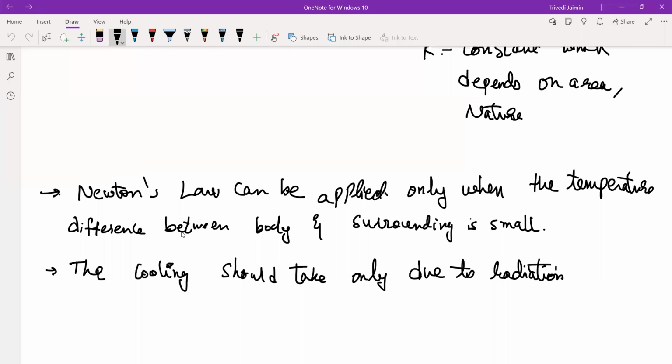So it should take place only due to radiation.